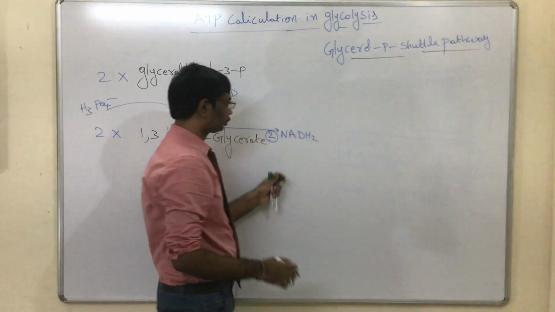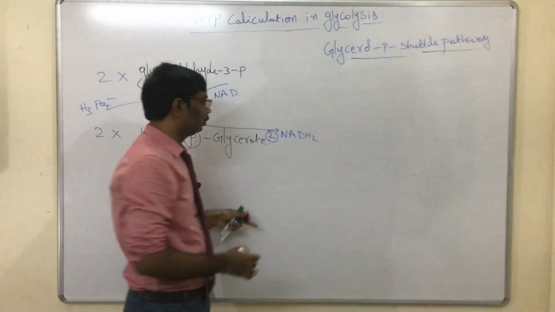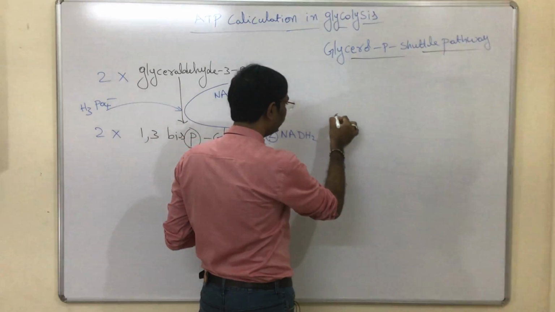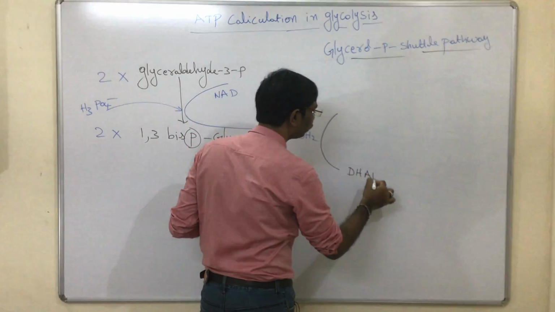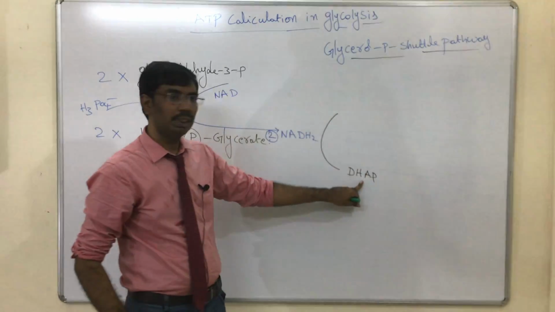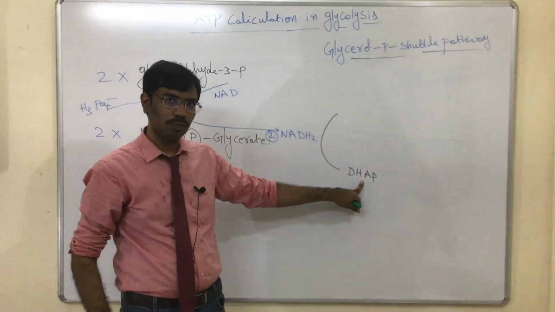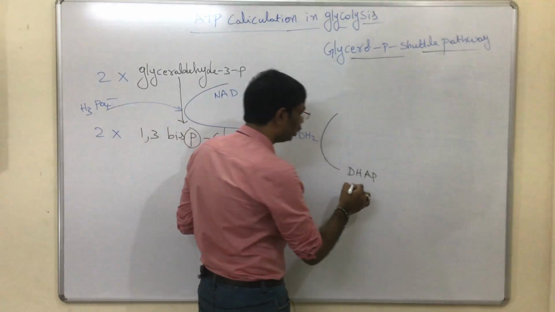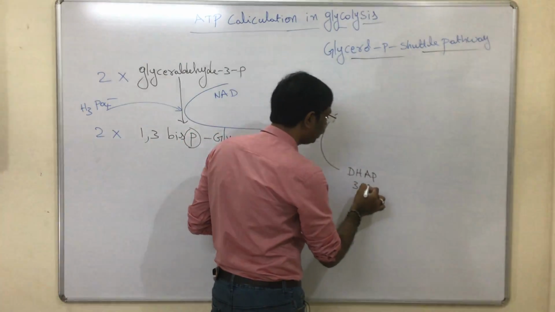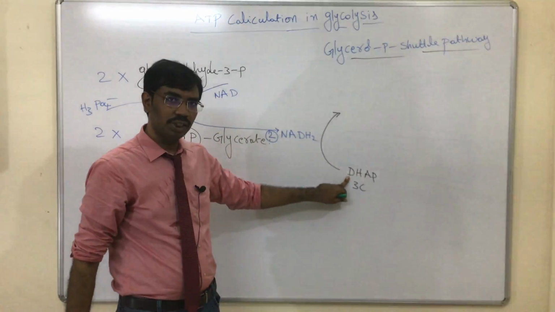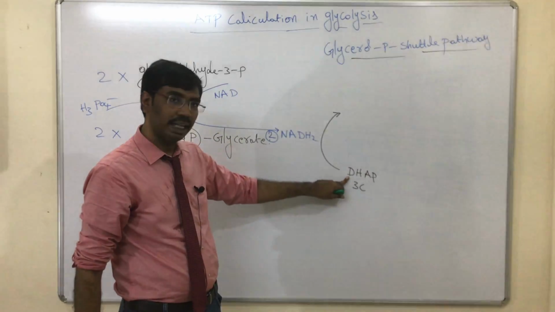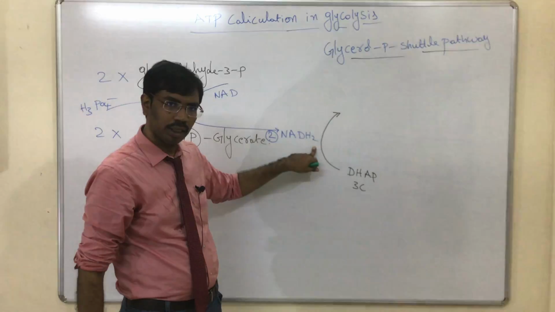See here, NADH2, first it is reacting with the dihydroxyacetone phosphate. DHAP means dihydroxyacetone phosphate. So the dihydroxyacetone phosphate contains 3 carbons. Then the dihydroxyacetone phosphate is reacting with NADH2.